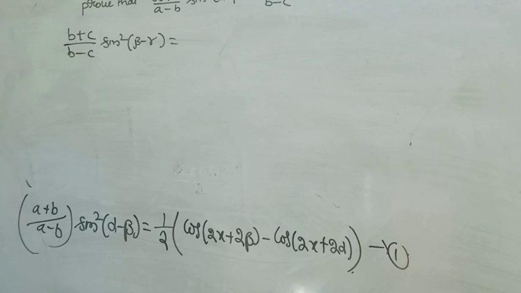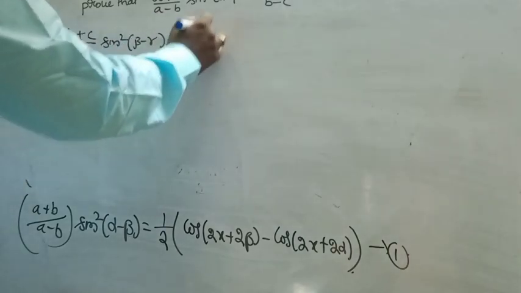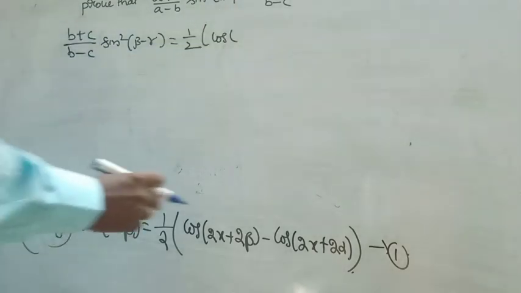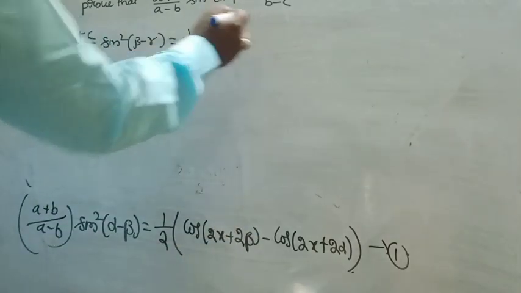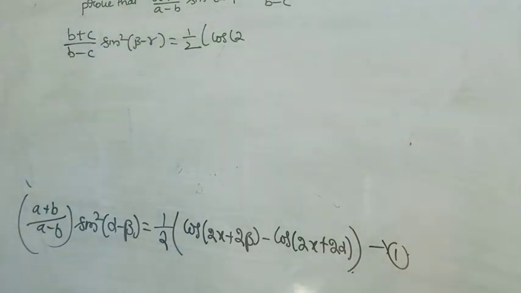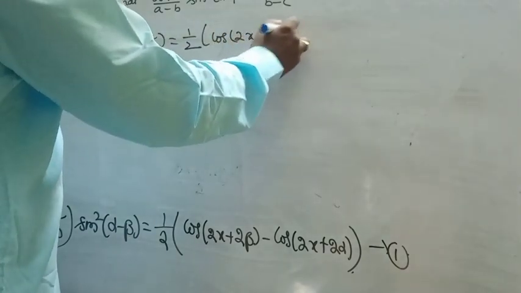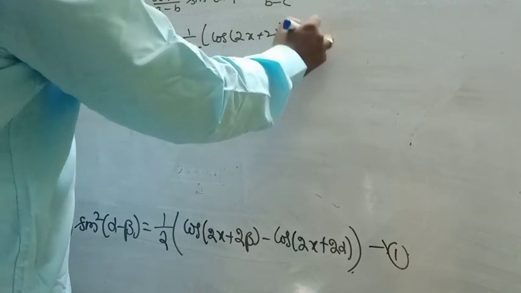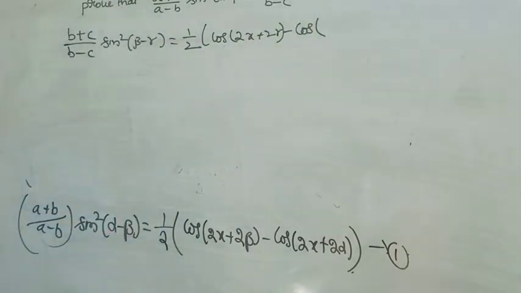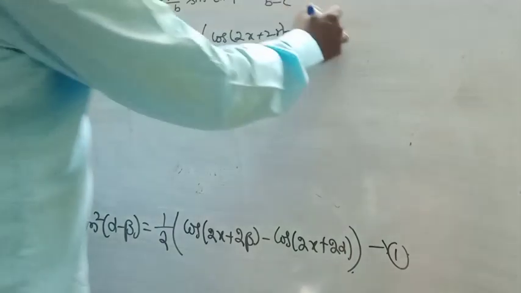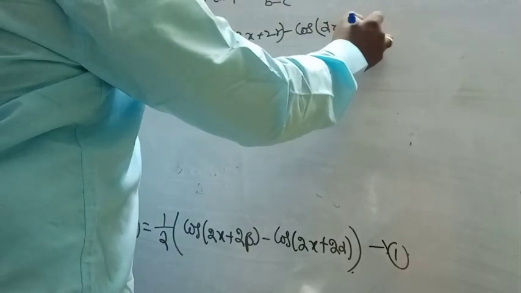That is of course the same thing, 1 by 2 into cos of 2x plus 2 gamma minus cos 2x plus 2 beta. You see, my dear students, B plus C by B minus C into sine square beta minus gamma equals this.